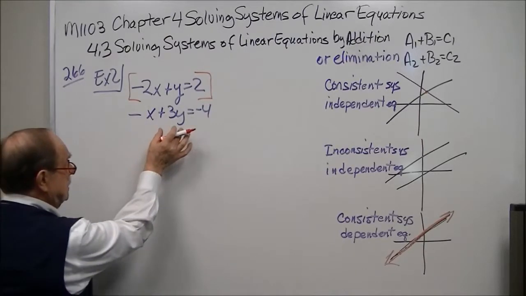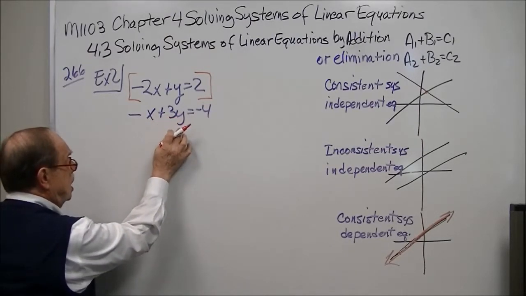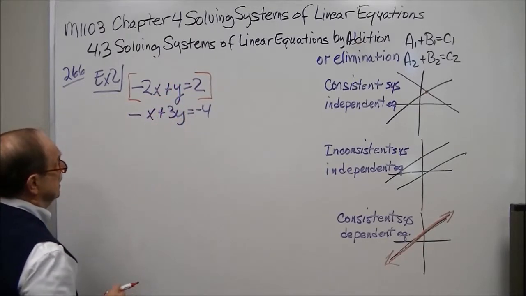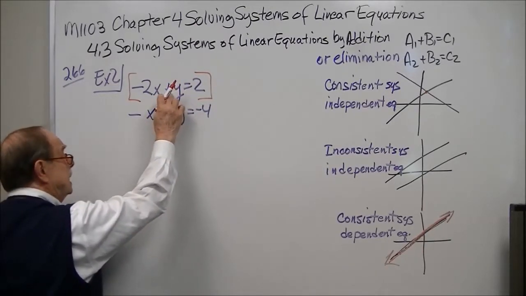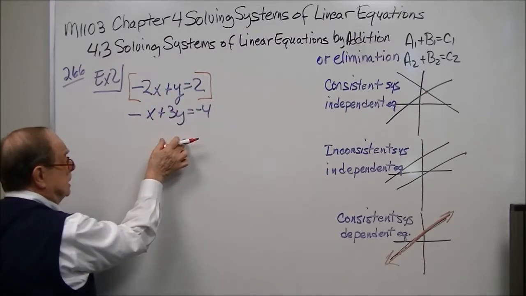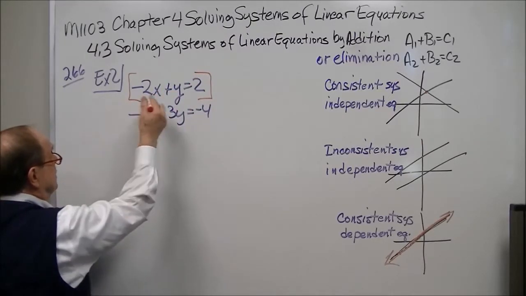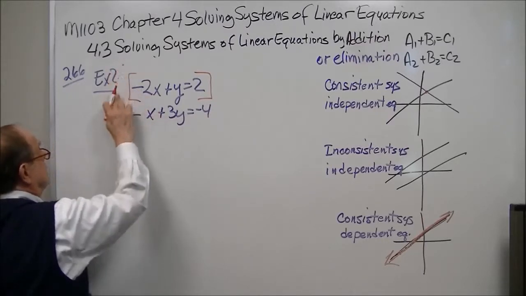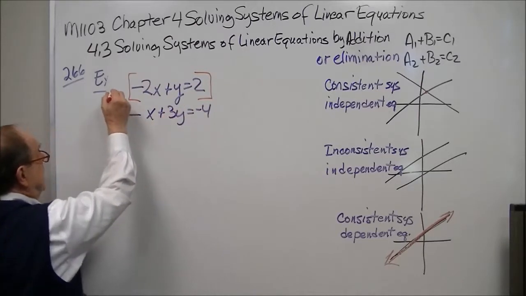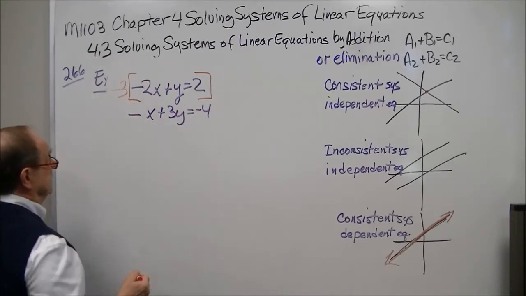So for instance, if we wanted the 3y to cancel out with something from here, if this were a negative 3y, that would cause this term to cancel out. So I'm going to multiply this whole first equation by a negative 3.